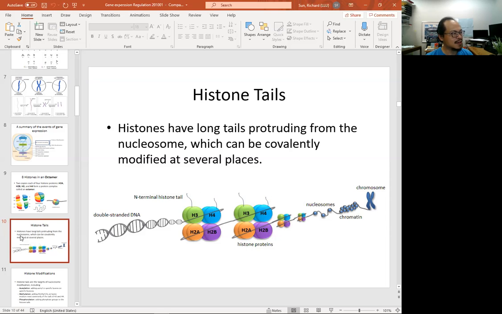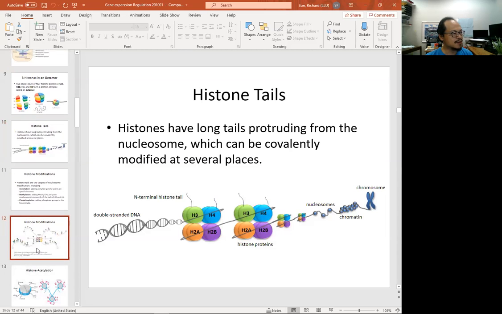So this is the tail, protruding from the nucleosome, and it's a place to be modified, meaning that it provides a way that you can do some decoration to it.